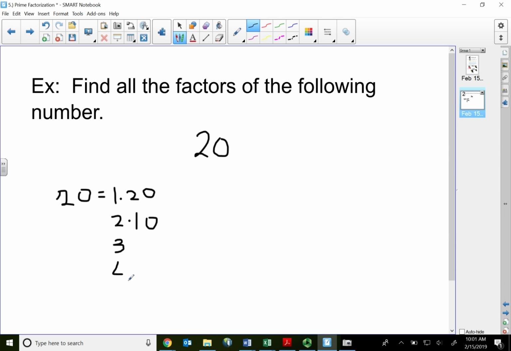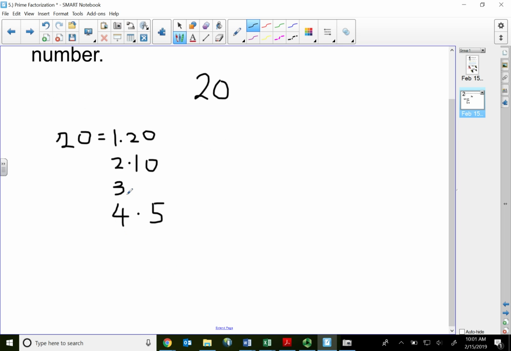So let's try 4. Right now what I'm doing is listing all the numbers that can go into 20. 4 will go into 20 5 times. After I try with 4, I try with 5. Well, I know 5 can go into 20 4 times.